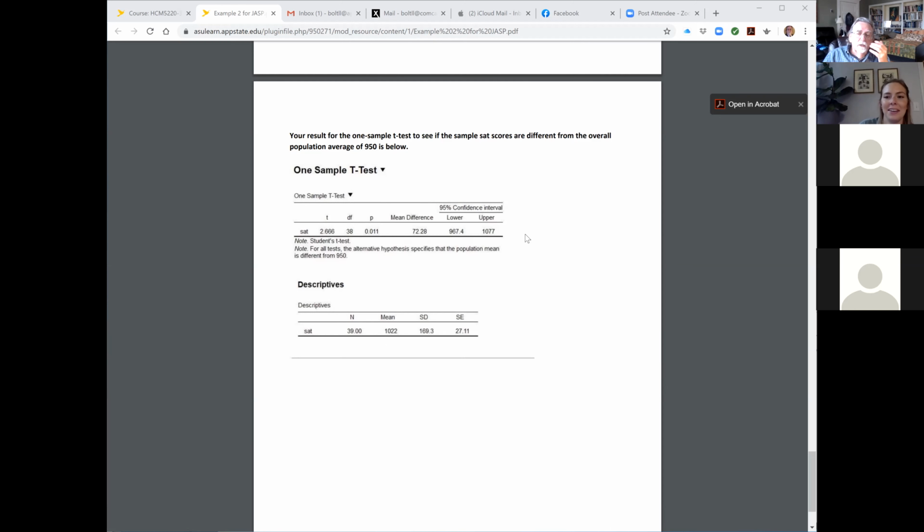And so we can say that this particular sample scored significantly higher on the SAT than the population average. But you set the center of the distribution by this population average.